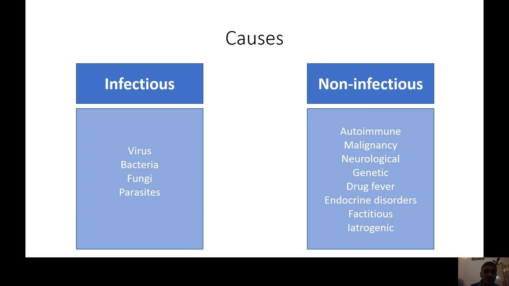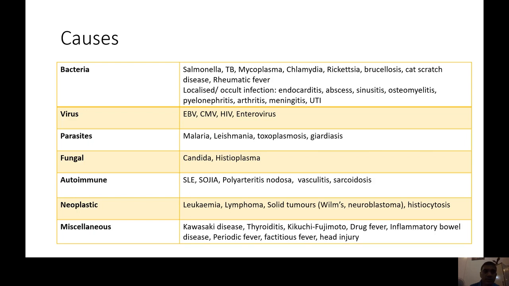So this table gives more details, and these are the common scenarios that you might encounter. Among infections, bacteria such as Salmonella, tuberculosis, Mycoplasma, infective endocarditis, osteomyelitis. Common viruses would be EBV or CMV.